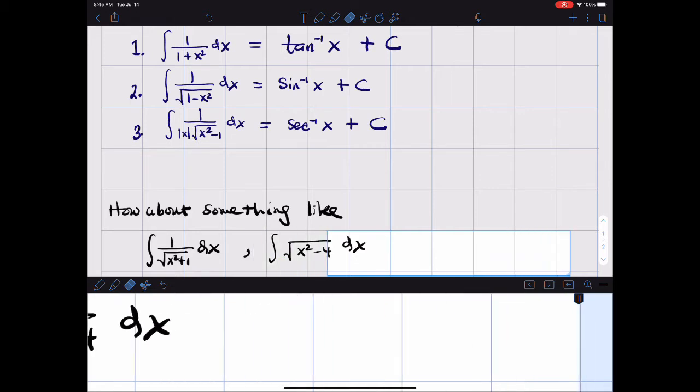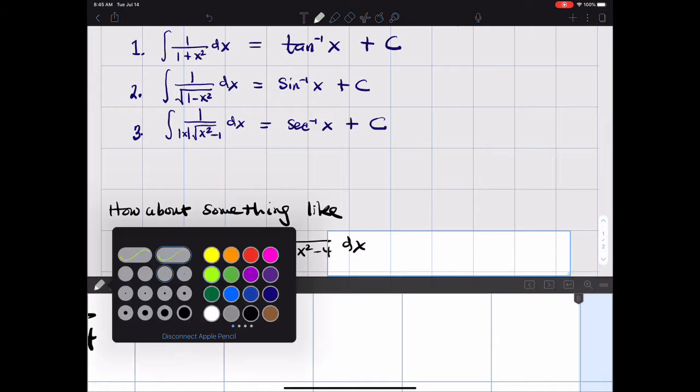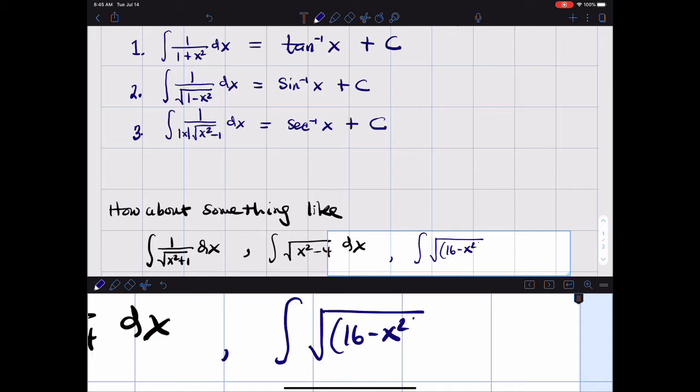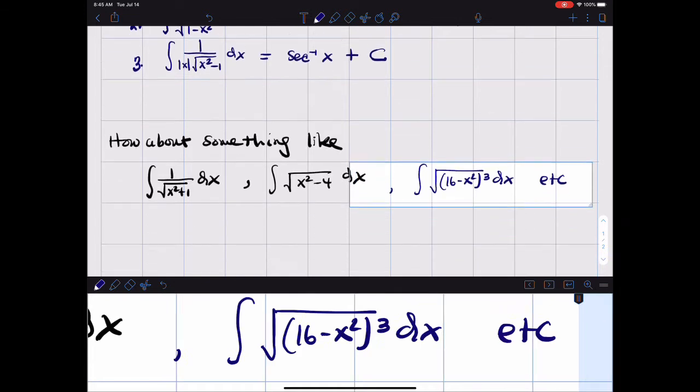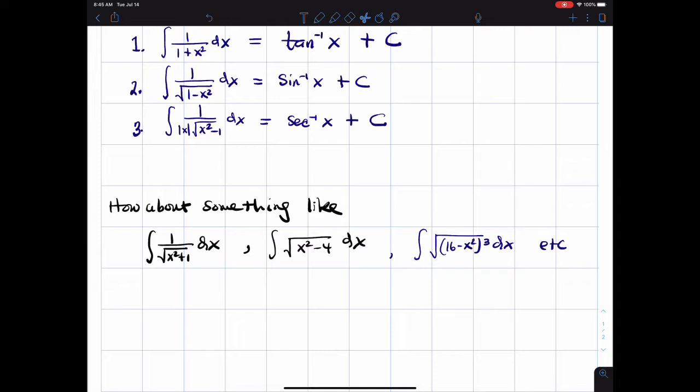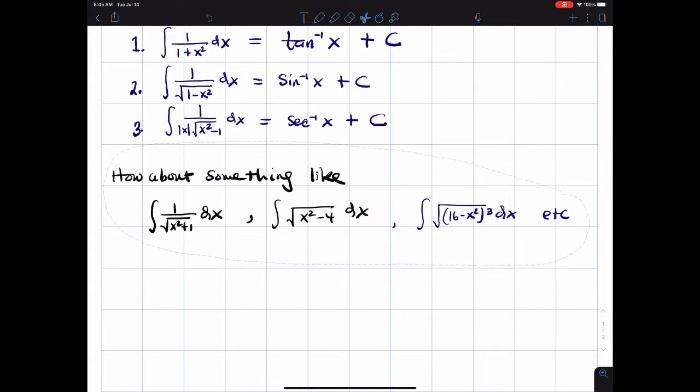And maybe something like, how about when we have something like this? The integral of, say, 16 minus x squared cubed dx, etc. Things like that. Okay, so these integrals are challenging, but there is something about them.